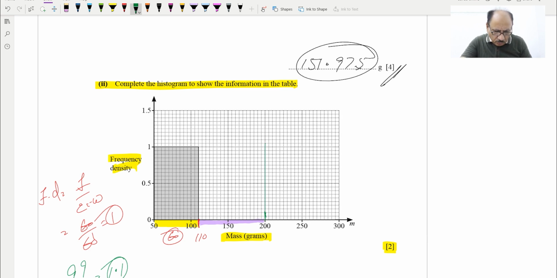We have to close the bar from the top. In case of a histogram, the bar should be closed from the top, and the height will be 1.1. So this is done.